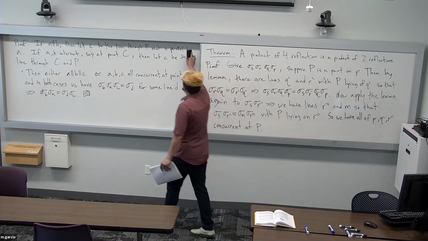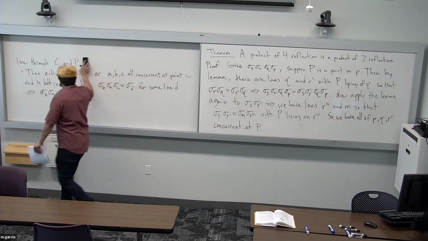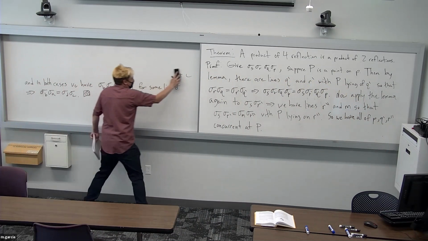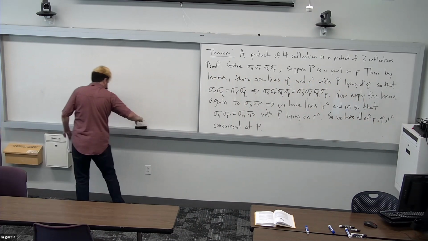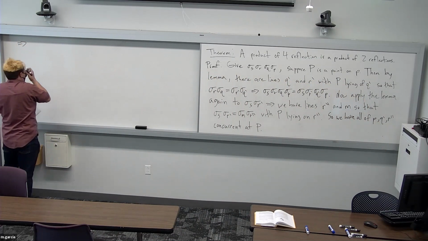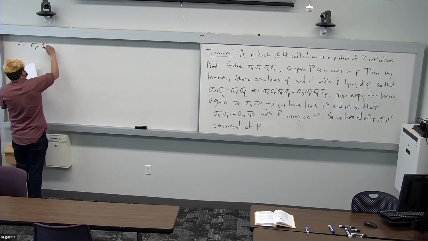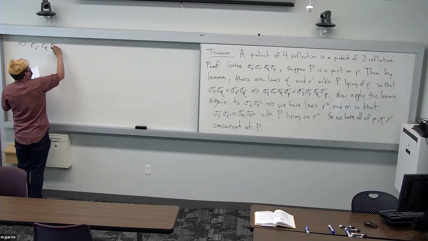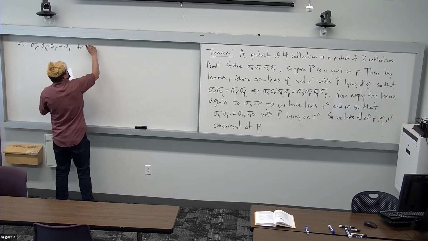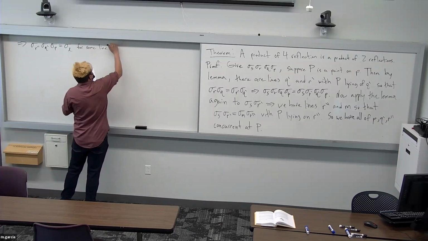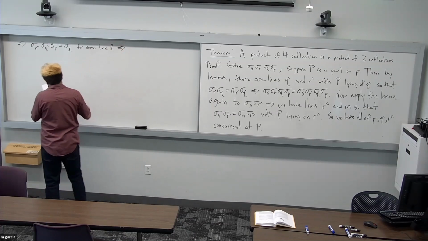So, in other words, we can express this as a reflection on some other line, which we'll call L. Which implies that sigma R double prime, sigma Q prime, sigma P is equal to sigma L, for some line L. So finally, what can we say?